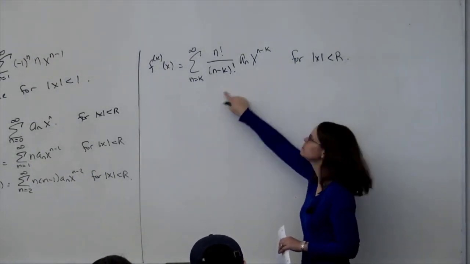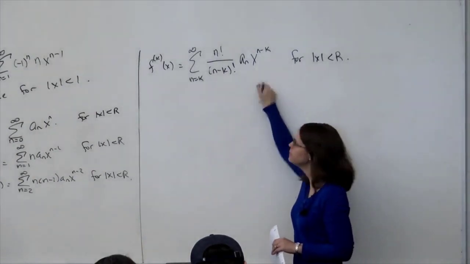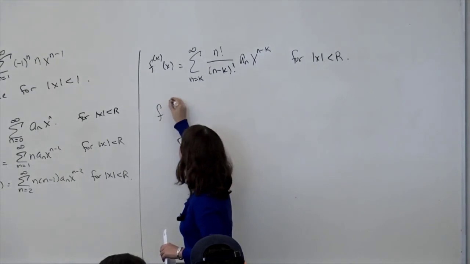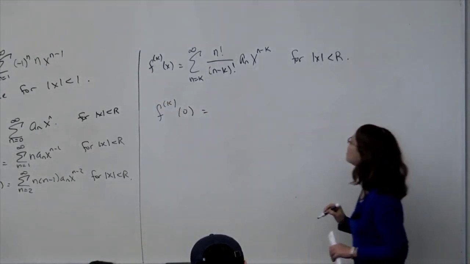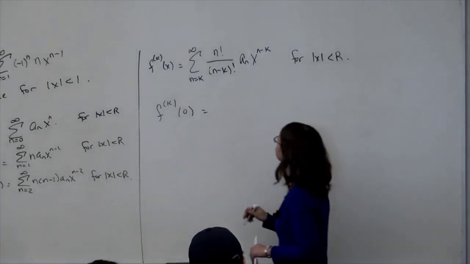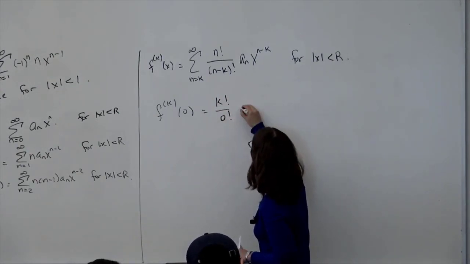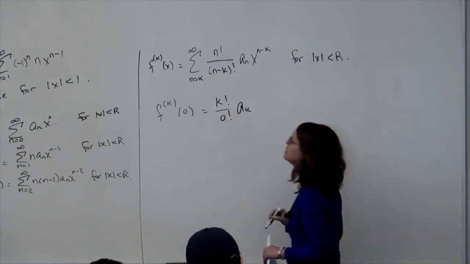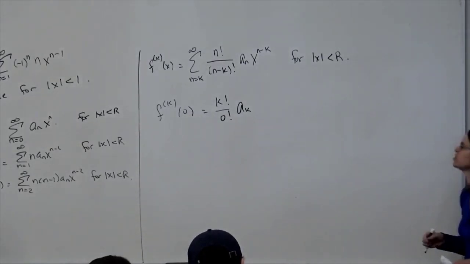Just the first term, the kth term here, gives me my constant term. So in general, when I plug in 0, almost all of these terms vanish, except for the n equals k term. We get k factorial over 0 factorial, a_k. That's my constant term. Everything else, when I plug in x equals 0, is 0.